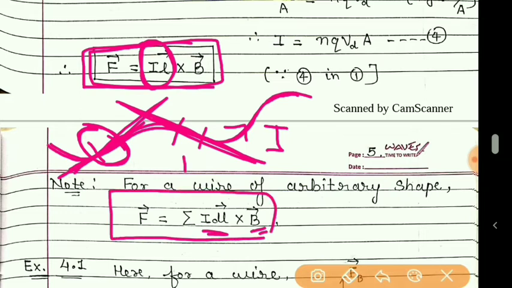Addition of these small elements is nothing but integration. Here we have used the summation of all such small elements and the force acting on them, but finally it results in integration over those small elements.